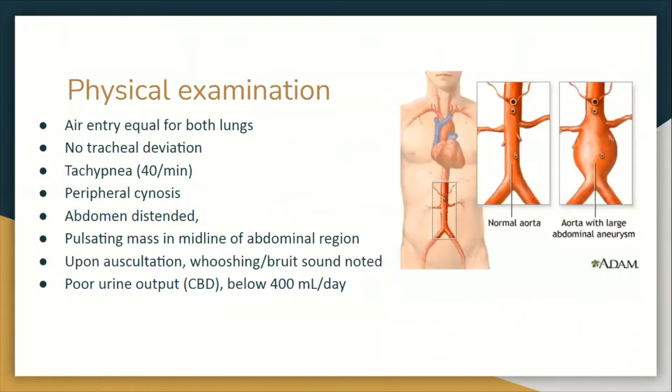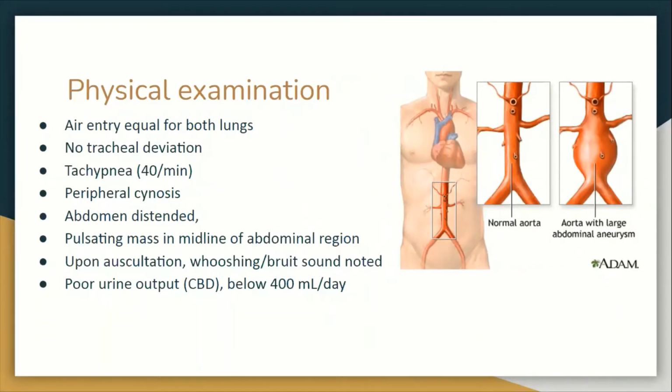For the physical examination, we try to prioritize the airway, the breathing pattern, and the circulation. First, we auscultate the patient, and the air entry is equal for both lungs. The heart has no dual rhythm and no murmurs.